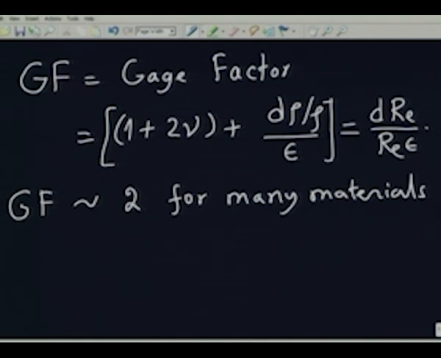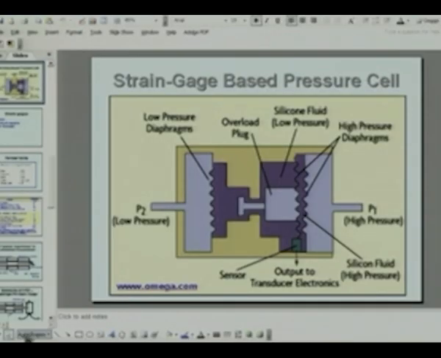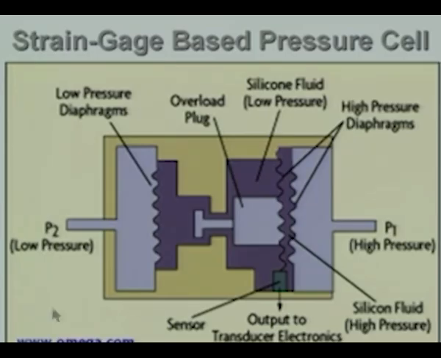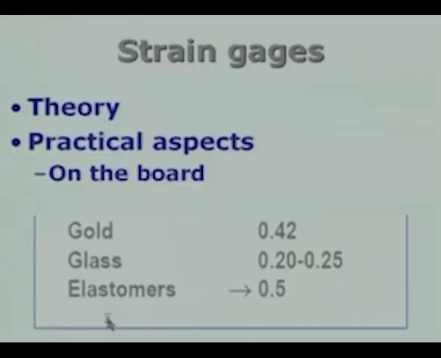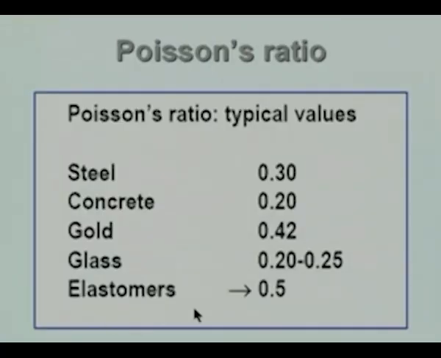So, let us go back to the presentation, where I have some information on the typical values of Poisson's ratio for many materials. Steel is a very popular material for diaphragm, for example. I am not talking about the strain gauge now, I am talking about the element which undergoes strain.